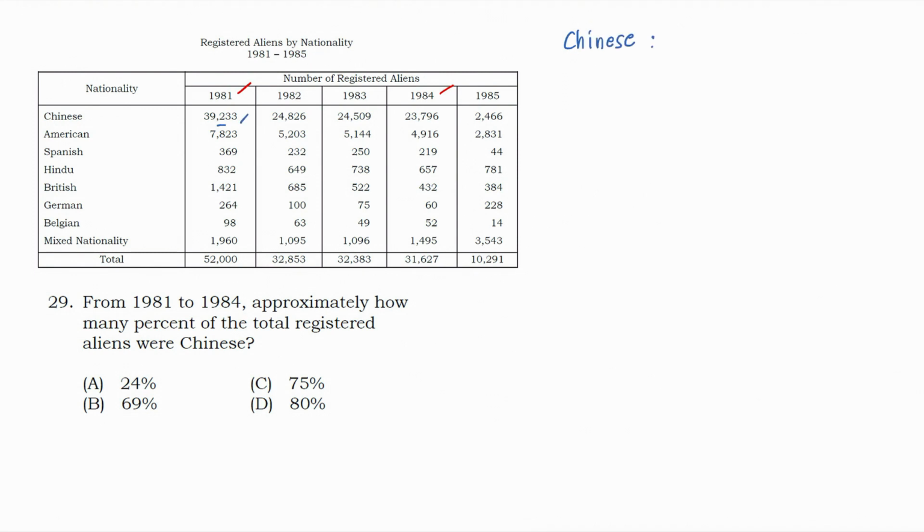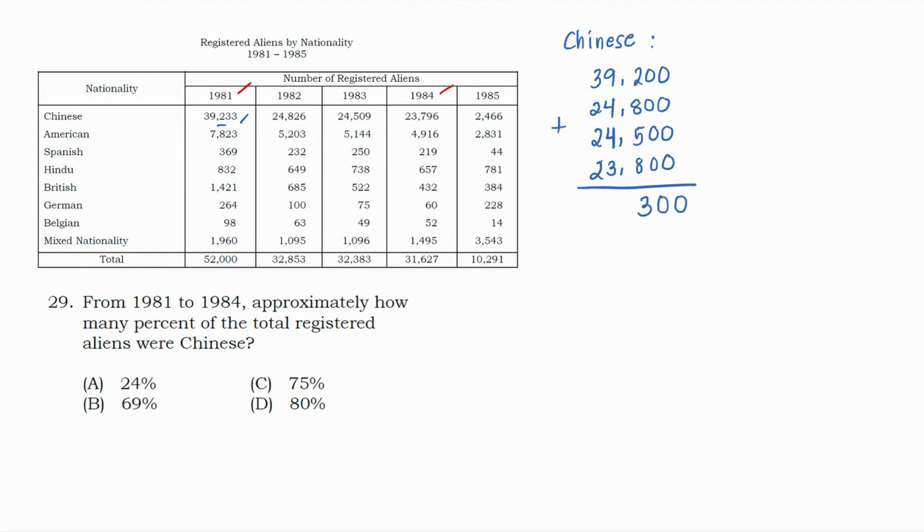So, this one will become 39,200. Ito, magiging 24,800. And then, this one will become 24,500. And last one will become 23,800. Tapos, i-add nyo silang lahat. 0, 0. 5 plus 8 is 13, plus 2, 15, plus 8, 23.